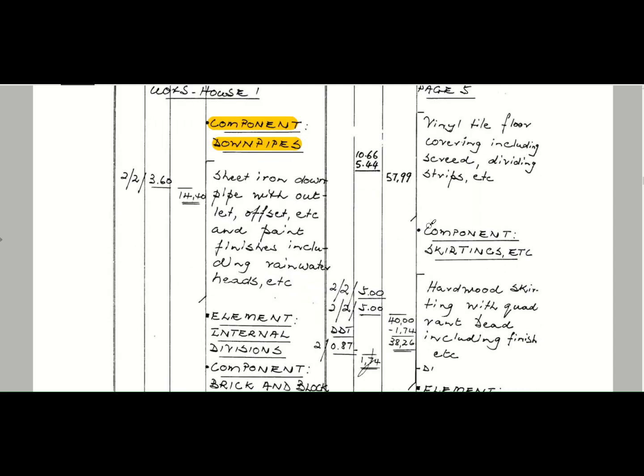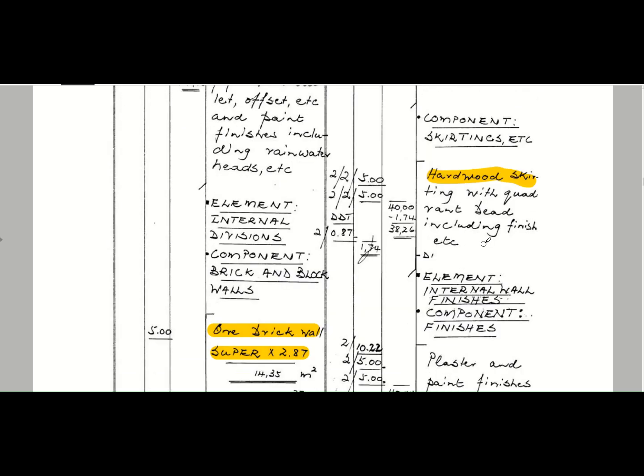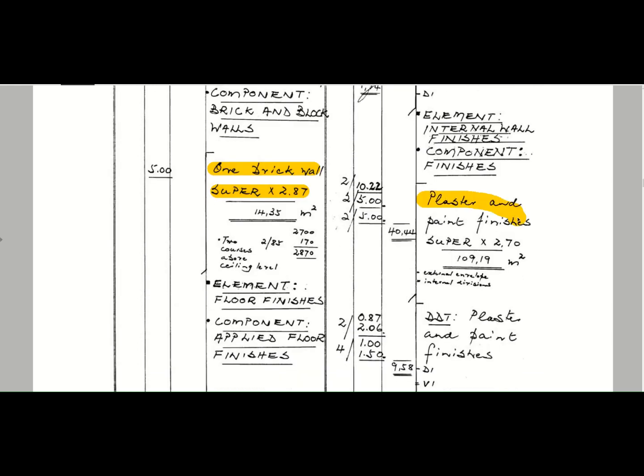So for our purposes, you don't really have to follow all these specific rules. I'll get into the guideline just now. If you just use the guideline to tick off all of your items that you need to measure, then you will do the same that's been done in the example. You can see we've got vinyl tile, floor tiles, skirtings, elemental internal wall finishes, plaster and paint finishes.